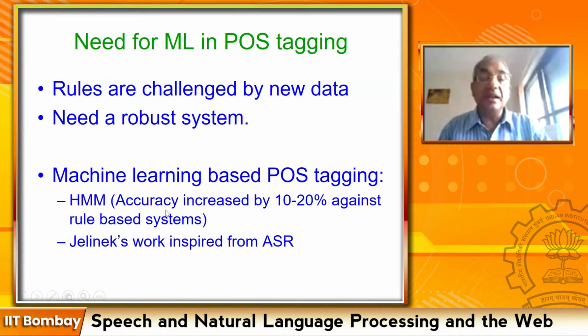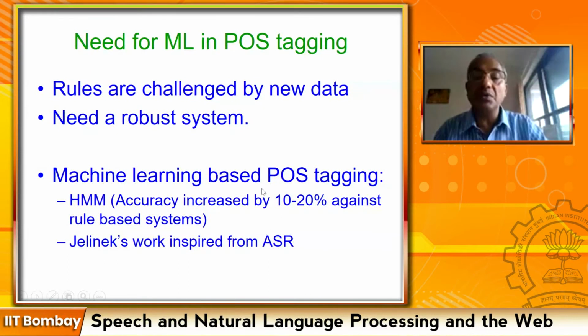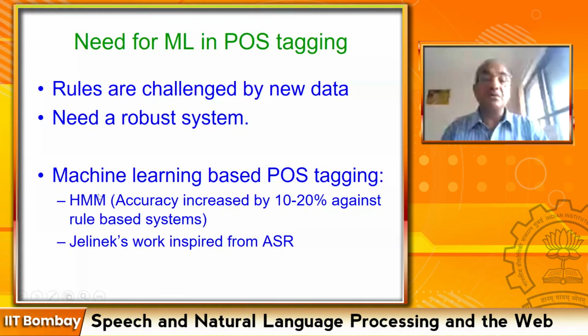So then a community, which is the community of data-driven approaches to an AI problem, came up with a brilliant idea about how to do machine learning based part of speech tagging. And the technique they found useful from their repository of tools is the hidden Markov model. So this was very ingenious. It was a very effective move to marry the hidden Markov model technique with the problem of part of speech tagging.